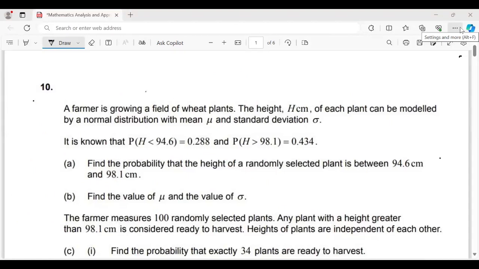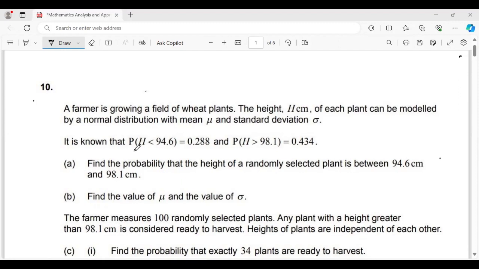Number 10. A farmer is growing a field of wheat plants. The height, h centimeters, of a plant can be modeled by a normal distribution with mean mu and standard deviation sigma.